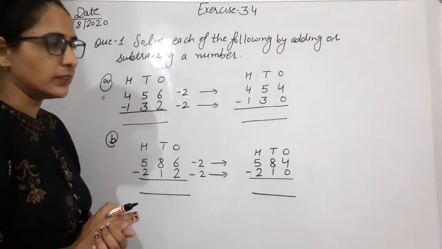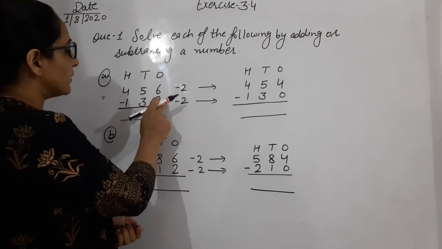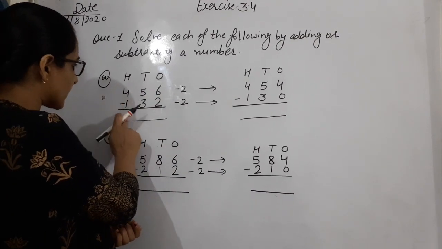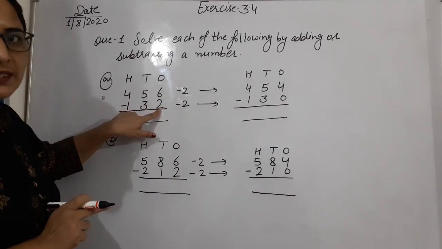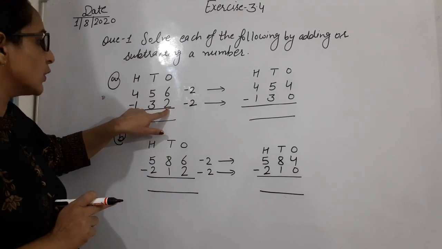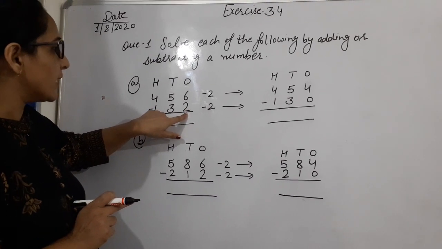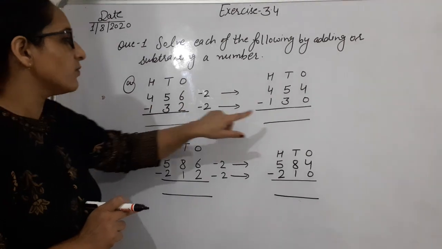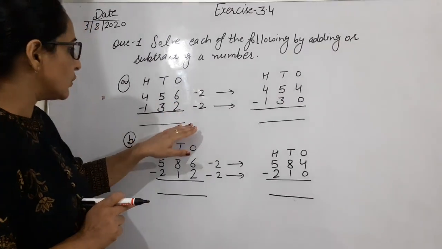Why we are doing this? Because we convert the subtrahend, the number which we are subtracting, we convert this ones place, the ending, to 0. Clear? When we convert this ones place to 0, we can easily subtract. Clear student?